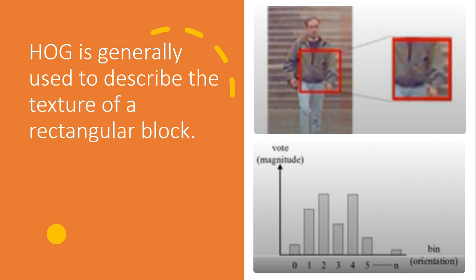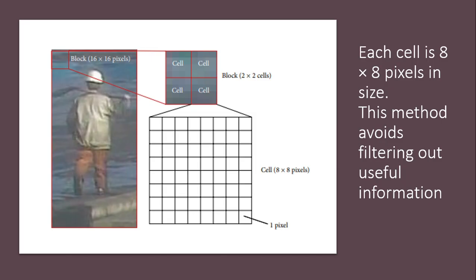In this paper, the HOG describes the texture of the rectangular block. It's not going through pixel by pixel, it's going through blocks. Each block or each zone is represented by an 8 by 8 pixel zone or size. Why do we use 8 by 8?